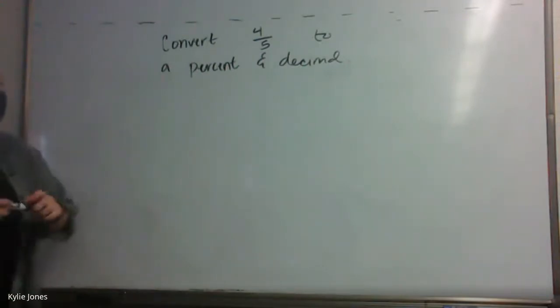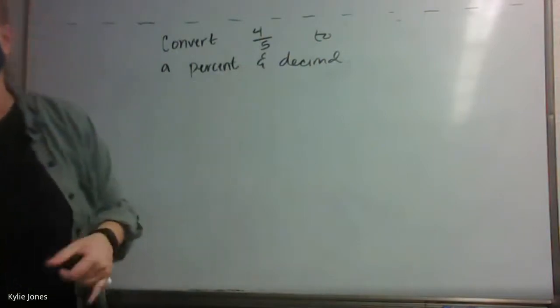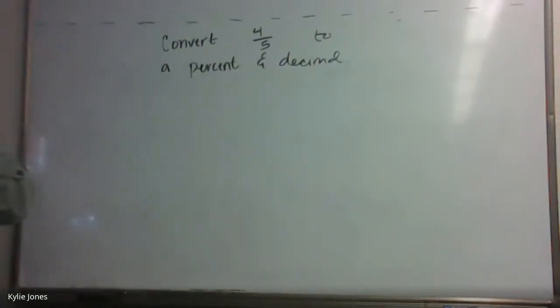My suggestion is to change it to a decimal first, then change it to a percent. The top number divided by the bottom number gets your decimal: 4 divided by 5.